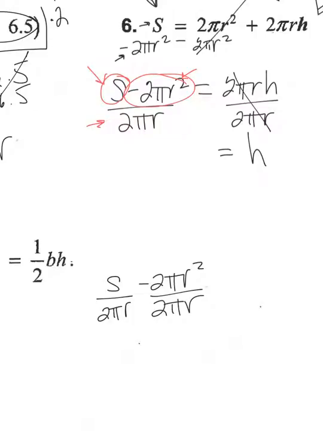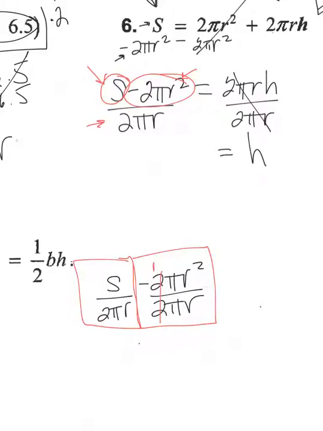Well, s divided by 2 pi r, this first term that I have, nothing can be simplified. There's nothing in the numerator that can simplify with the denominator. But if I look at this term over here, this second term, I have a negative 2 and a positive 2. That can reduce to a negative 1. Okay, so I'm going to reduce that to a negative 1.